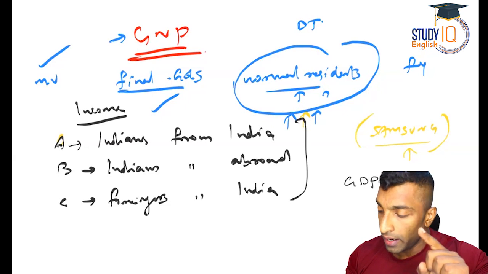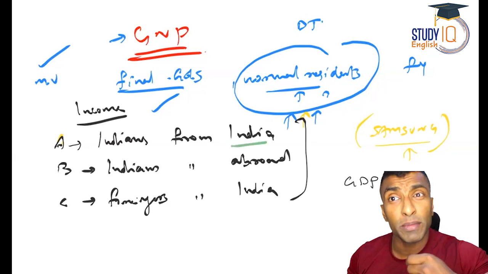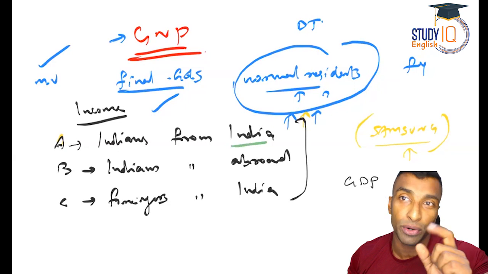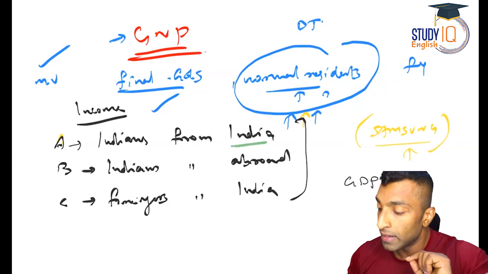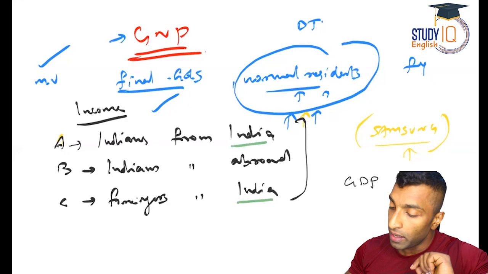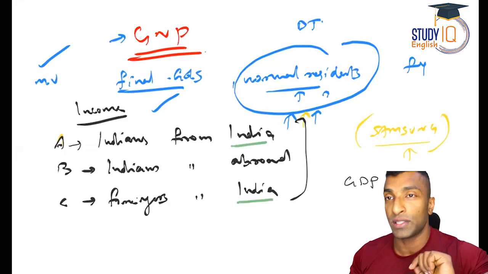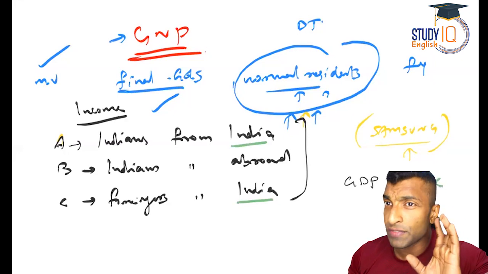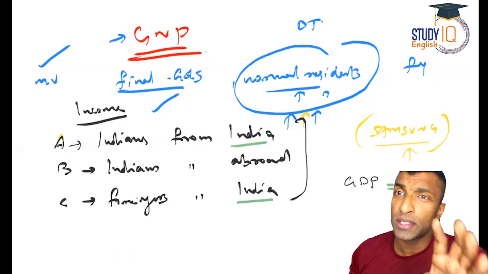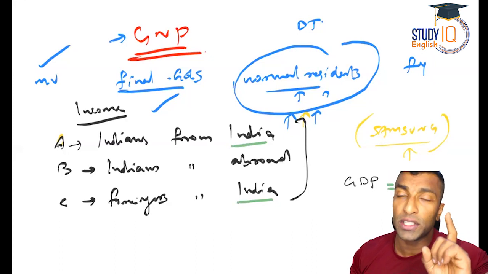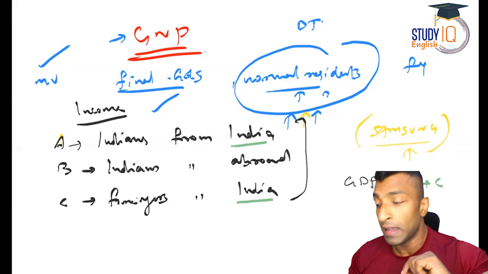Income earned means there is some production, some value addition. Only value addition will give you income. So GDP will be A plus C. In that you will see Indians as well as foreigners. Why? Who produced does not matter. Where it is produced is what matters. It should be in India.